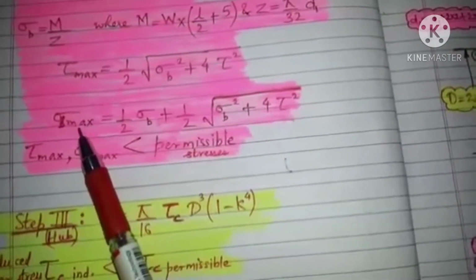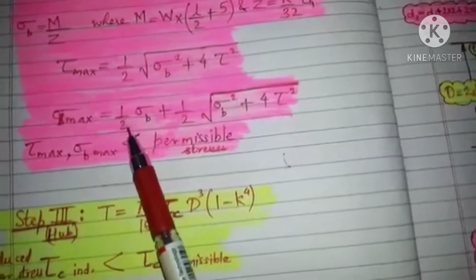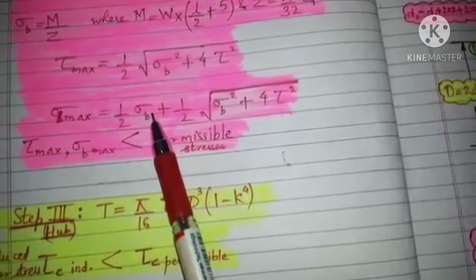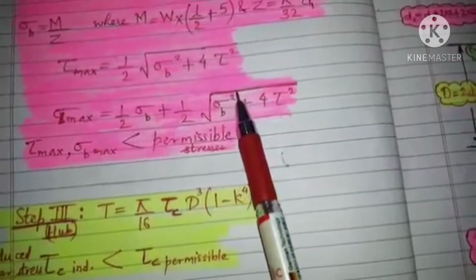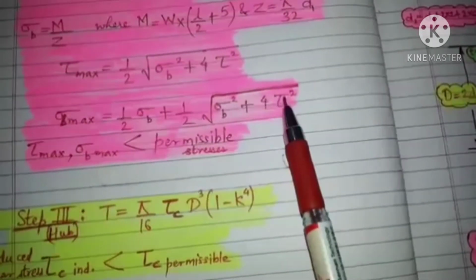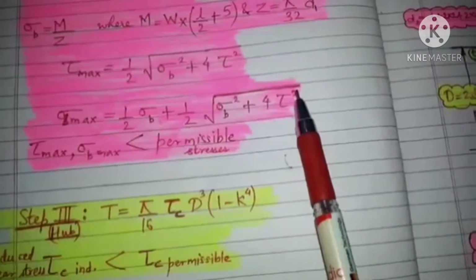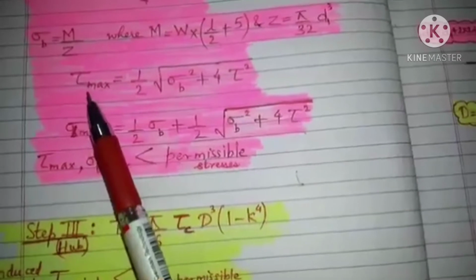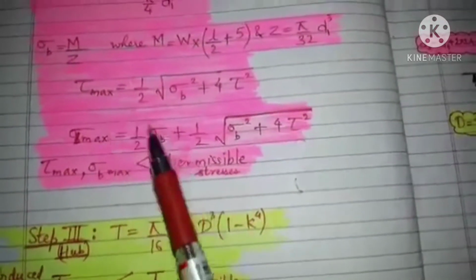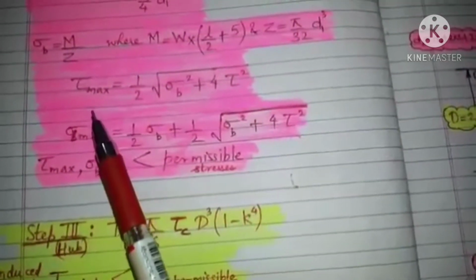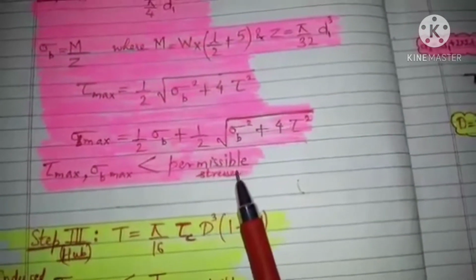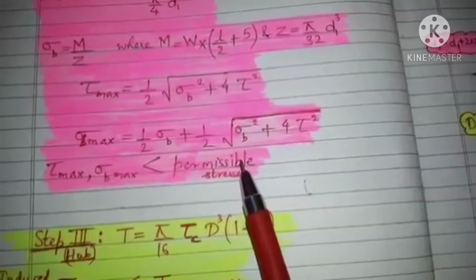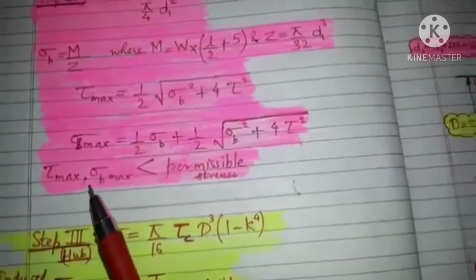To find the maximum normal stress, the formula is half into bending stress plus half root of bending stress square plus 4 into direct shear stress square. With this we have the maximum stresses, and these should be less than the given or permissible stresses. Once this is done, we will design the hub.